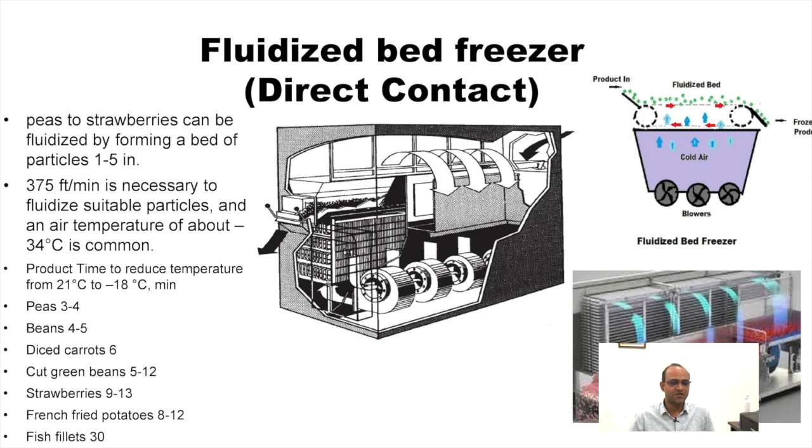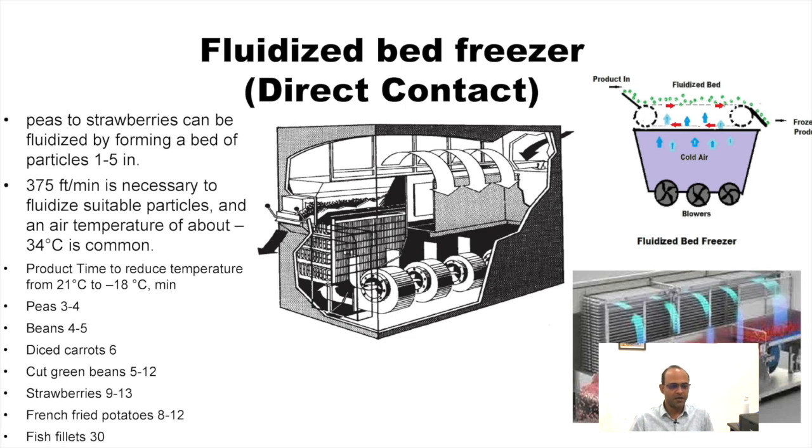Because of this suspension, there is homogeneous cooling. At the same time, there is no sticking of the commodity to the mesh belt, and no solid loss. The product is fed, fluidized, and quickly frozen. This is a faster process because of the smaller dimensions of the product.